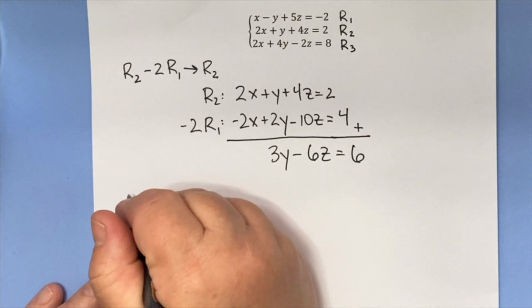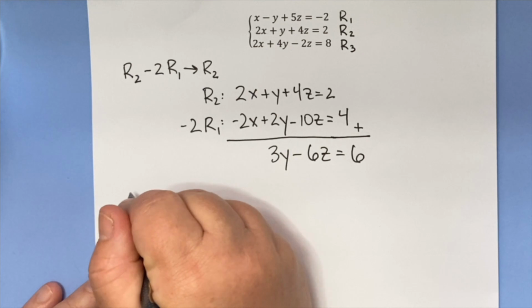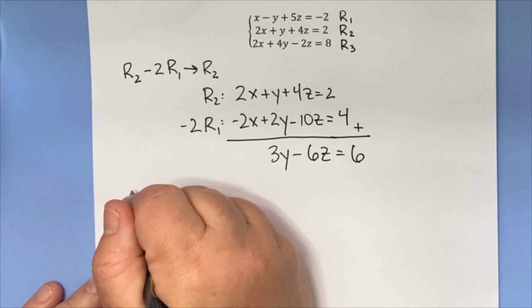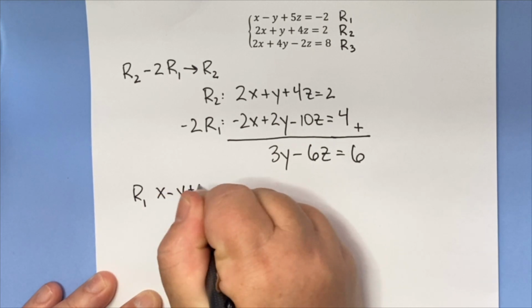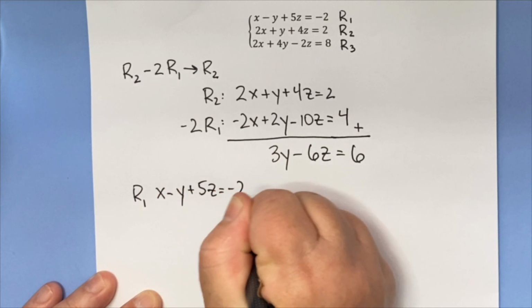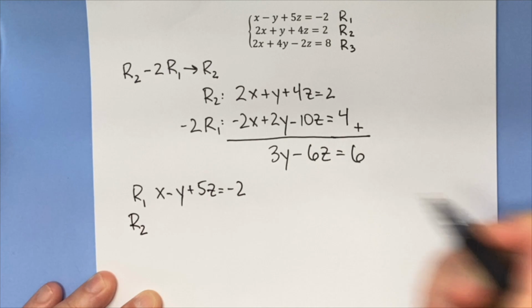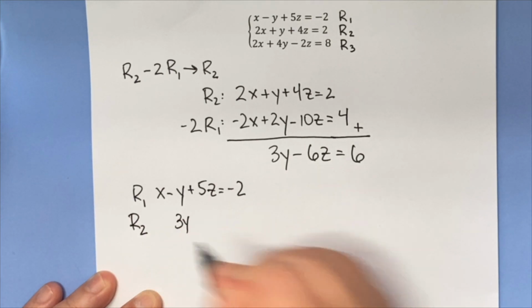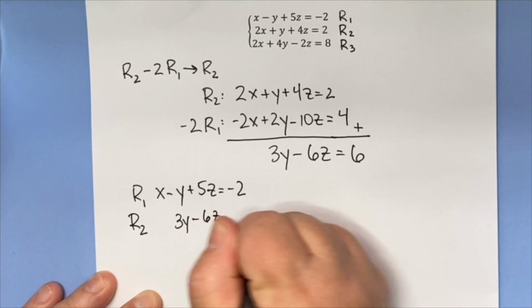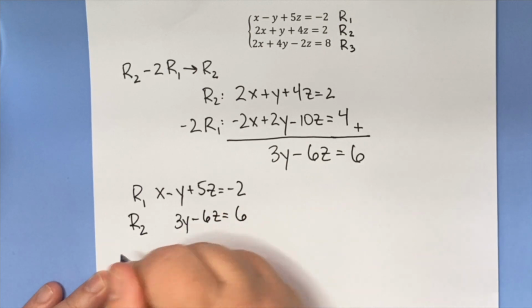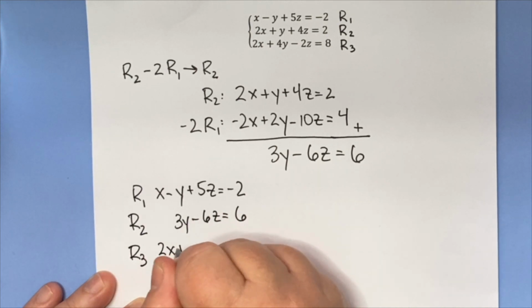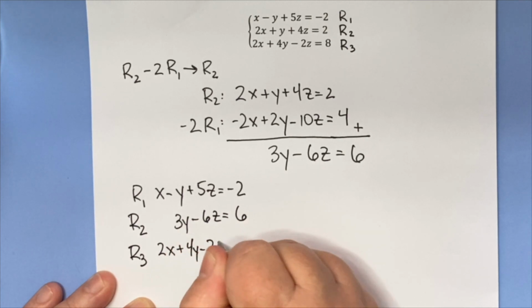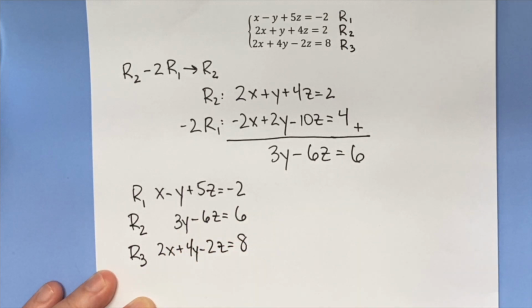So my new system is going to be: row 1 is x minus y plus 5z equals -2. My new row 2 is 3y minus 6z equals 6. And my old row 3 is 2x plus 4y minus 2z equals 8.